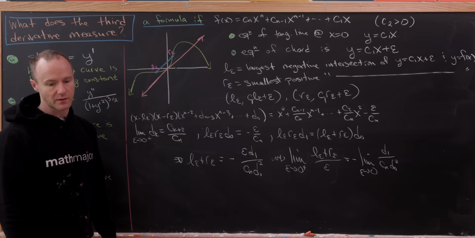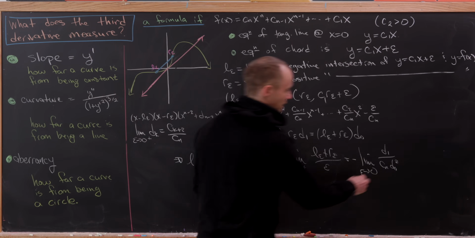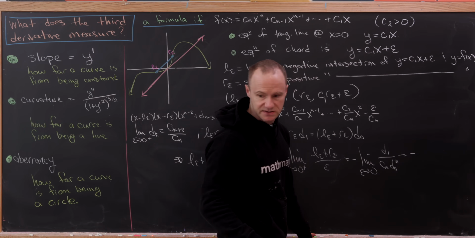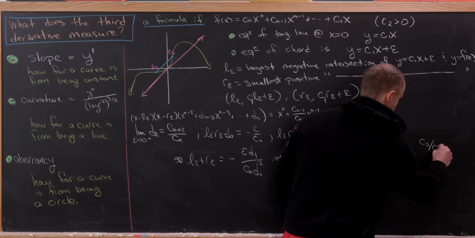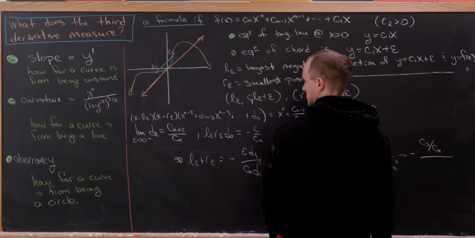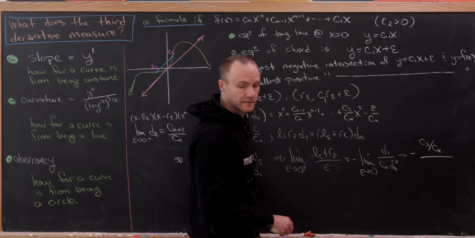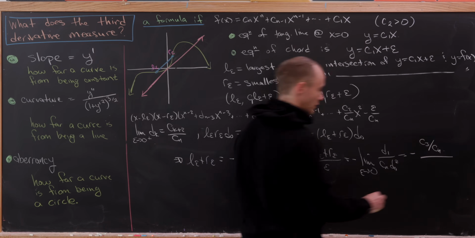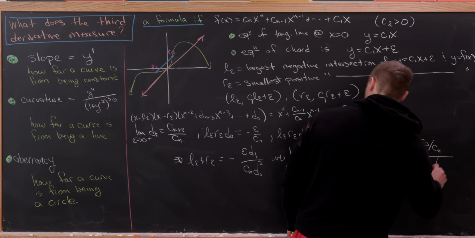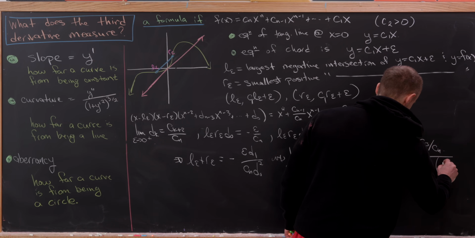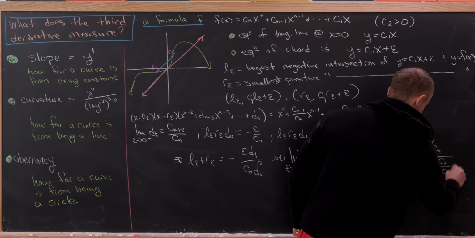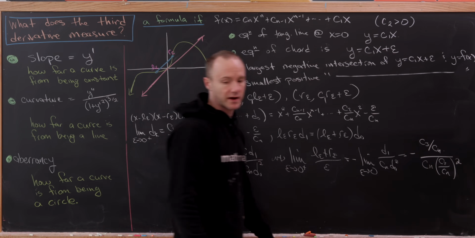And we end up with something like this. We'll get minus C3 over Cn. So let's see, that's what's going on in the numerator. And then in the denominator, we'll have Cn times, let's see, that's going to be C2 over Cn quantity squared.